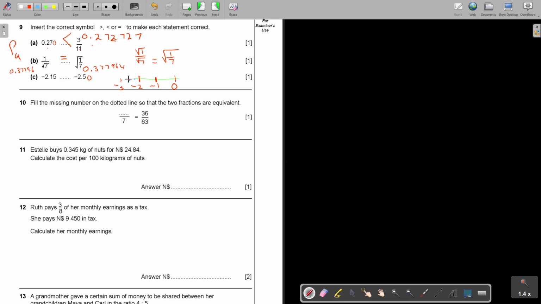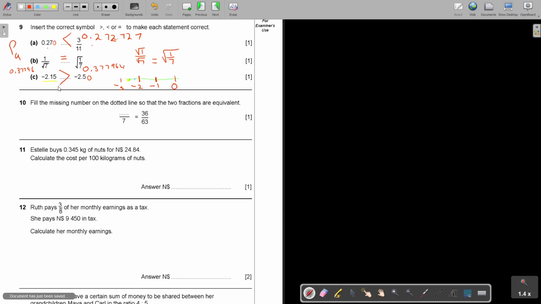Do you see that? The closer it is to 0, the bigger it is. So which one is closer to 0? It's -2.15. So definitely that will be your biggest one.